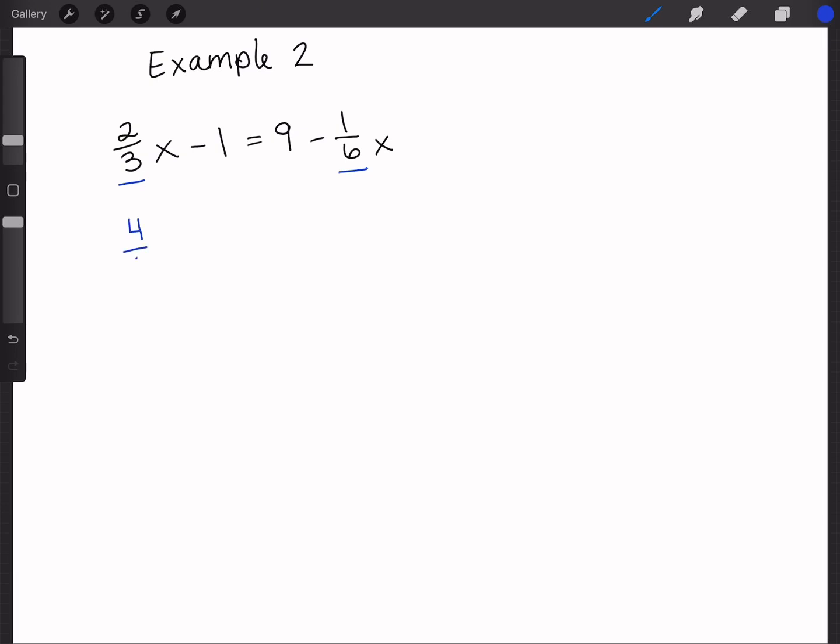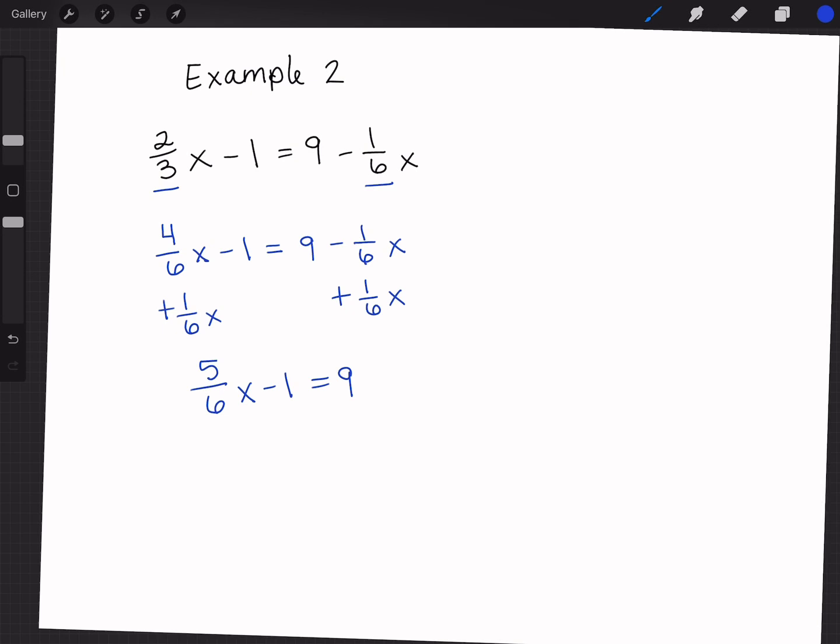I notice that both my denominators are different, so the first step I take is to change my denominator from 2/3 to 4/6, because I need to add that 1/6 x to both sides, and I can't do that without having a common denominator. When I add 1/6, now that I have 4/6, I will get 5/6 x minus 1 is equal to 9.